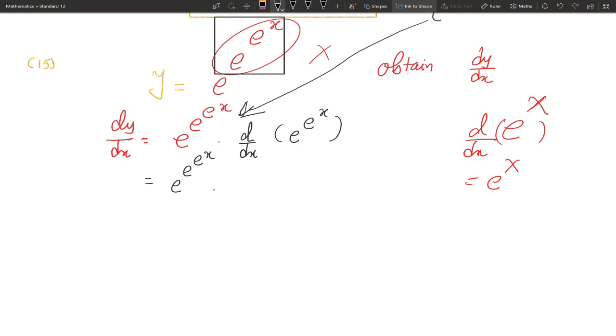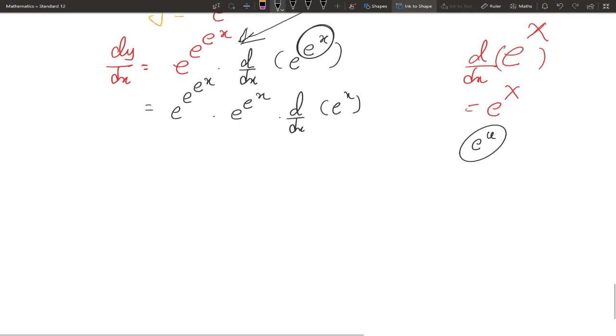This is e raised to x as it is. Here consider this one as u. So e raised to u. So we have to use the formula for e raised to x. So d by du of e raised to u is e raised to u. But power is function of x. So again we have to use chain rule, d by dx of e raised to x.